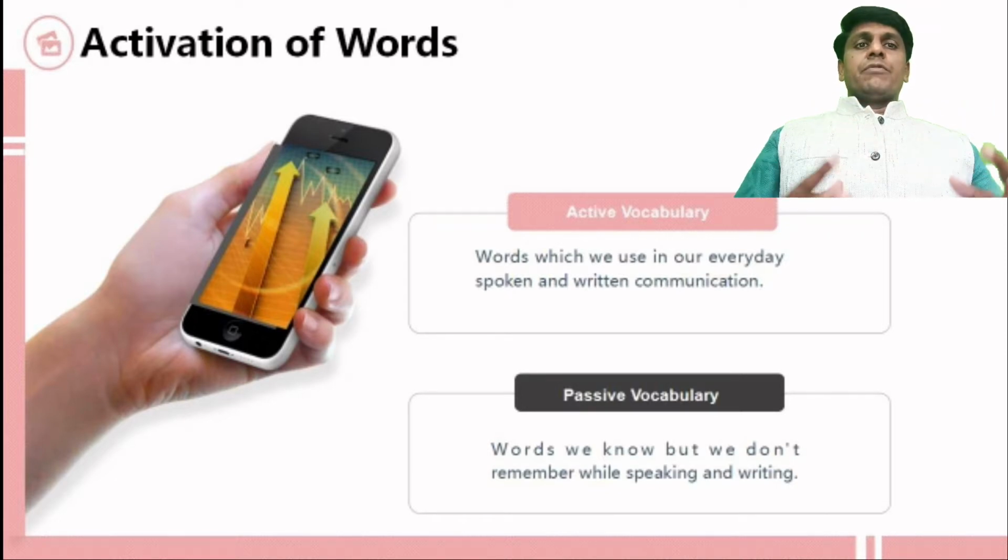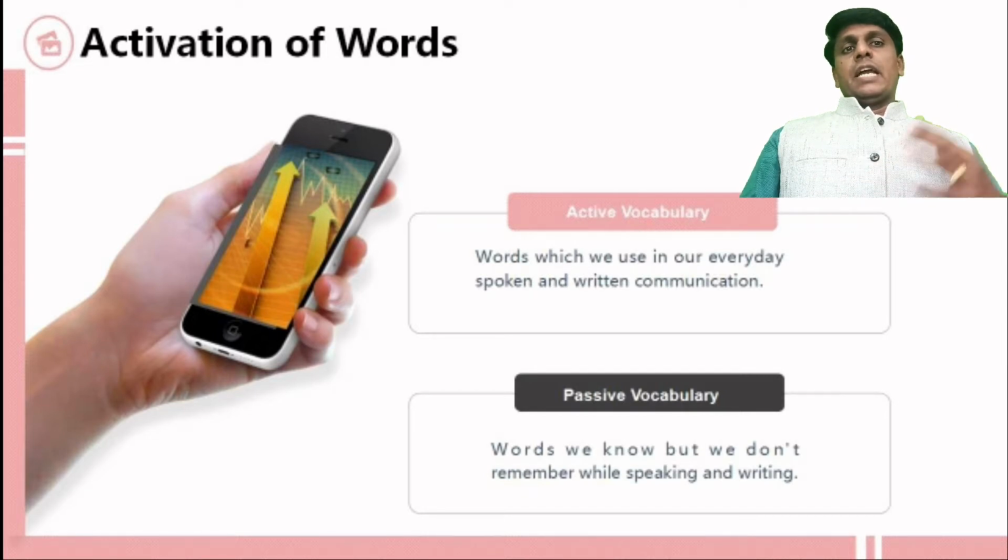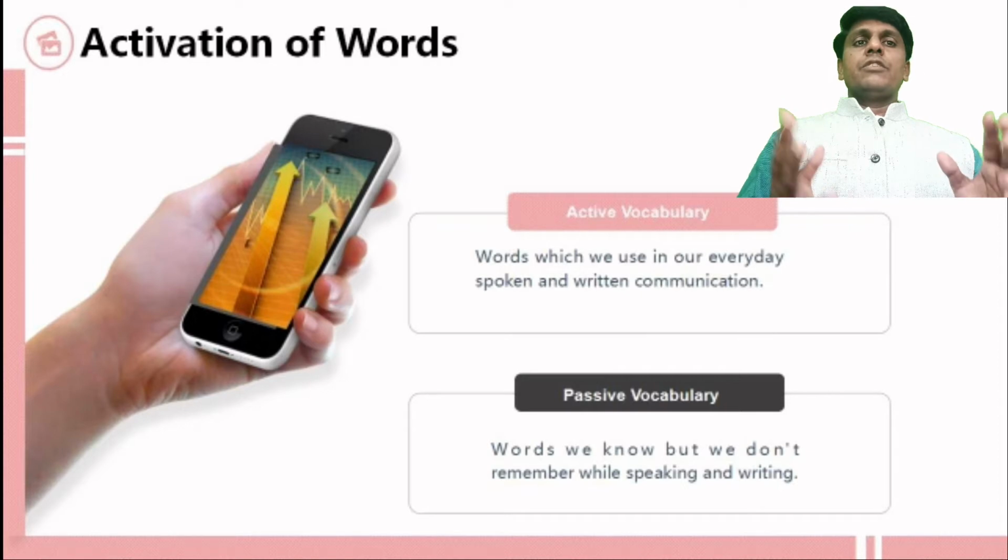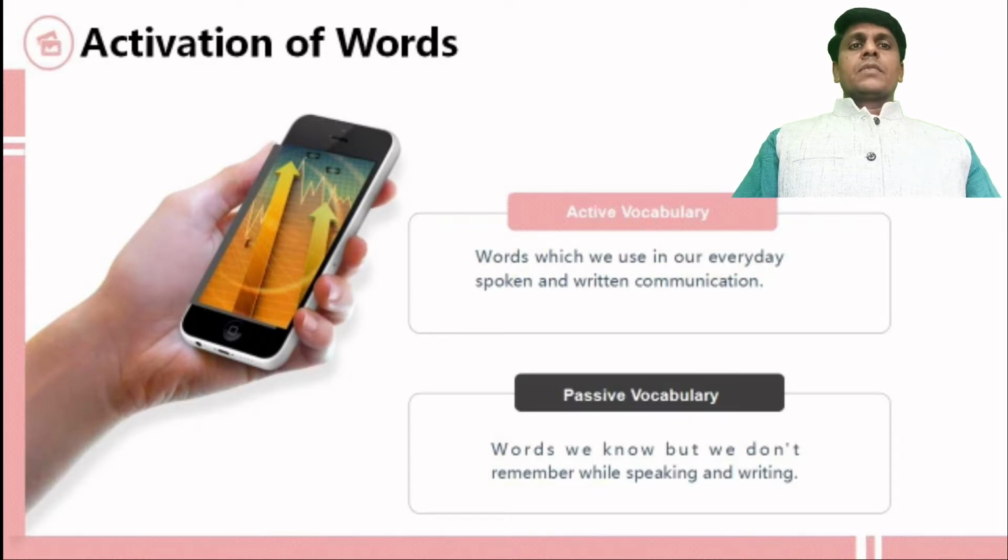Whatever words I have as a learner of a second language, I know many words, but there are certain words in my vocabulary I do not use when I speak and when I write. What is the reason? The simple reason is all these words are not on the tip of my tongue.